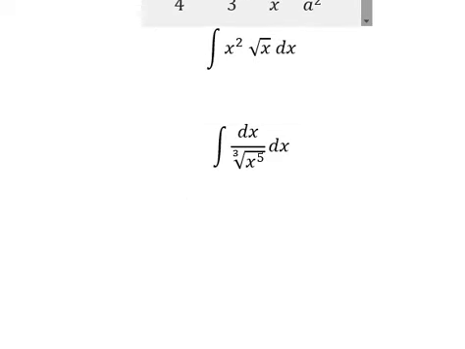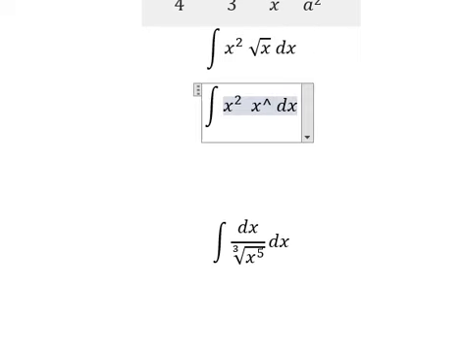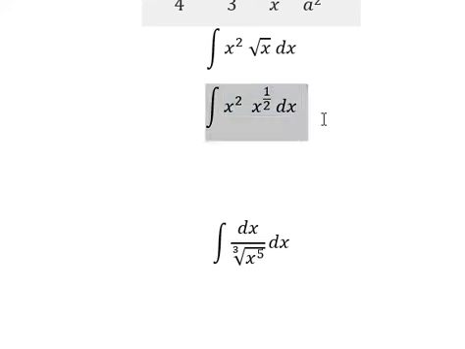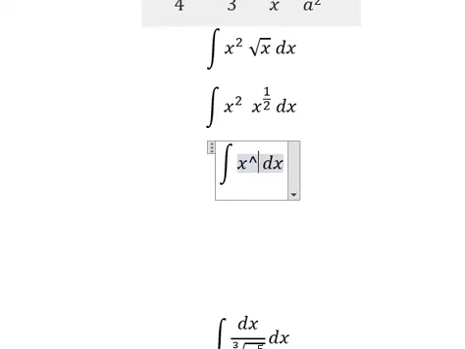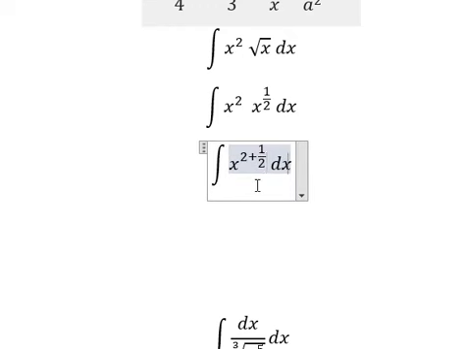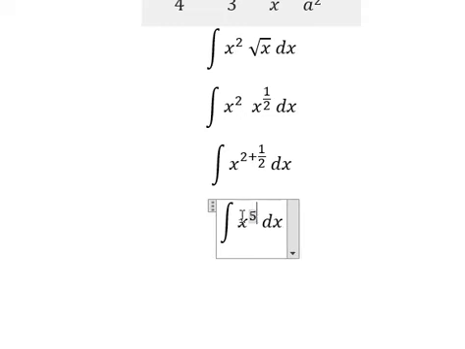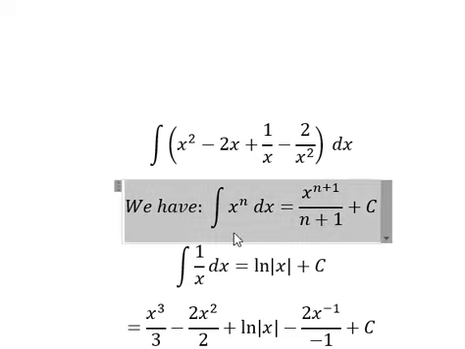Question number 3. We see that we have the square root of s. We need to transform into s to the power of 1 over 2. So we multiply each order in here. And this one we have 5 over 2. Now we apply the formula in here.